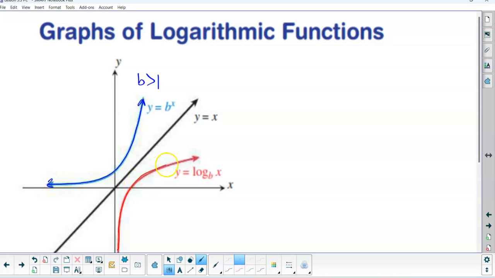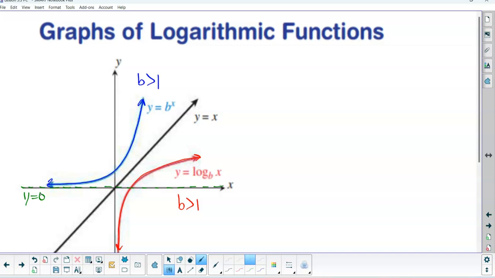It's a log graph. It also goes up and to the right. It also is going to have a base value that's greater than 1. Okay, these are inverses of each other. The exponential growth function, the blue function, has a horizontal asymptote right here at y equals 0.